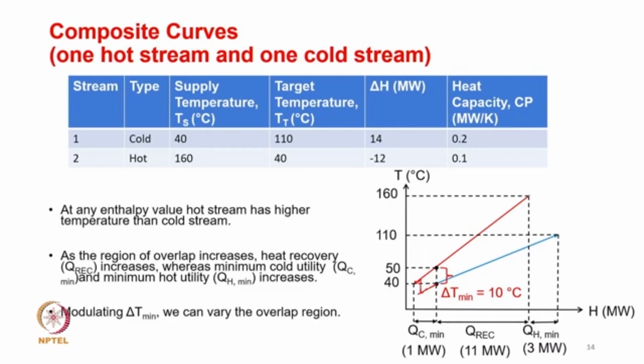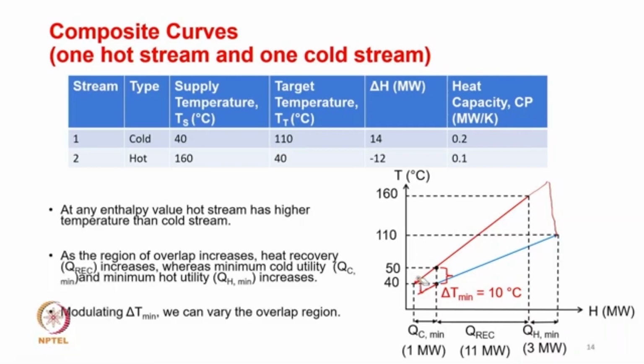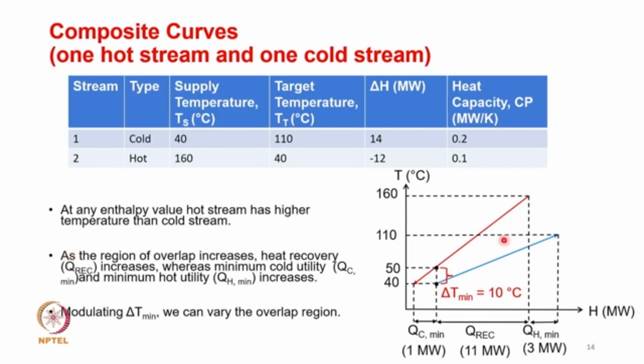Similarly, if you change this over here, you can see that the overall coverage can be increased. So, what are we trying to say here? If you can modulate the delta T minimum, then you can actually change the level of heat transfer.